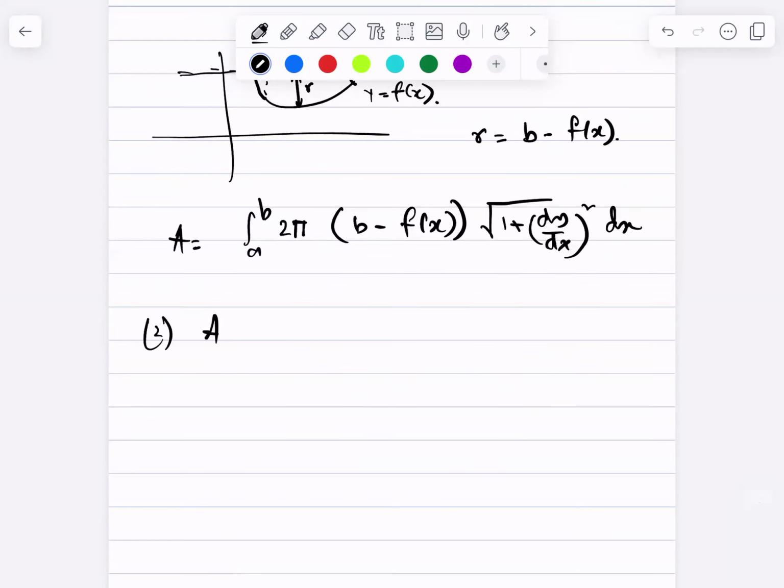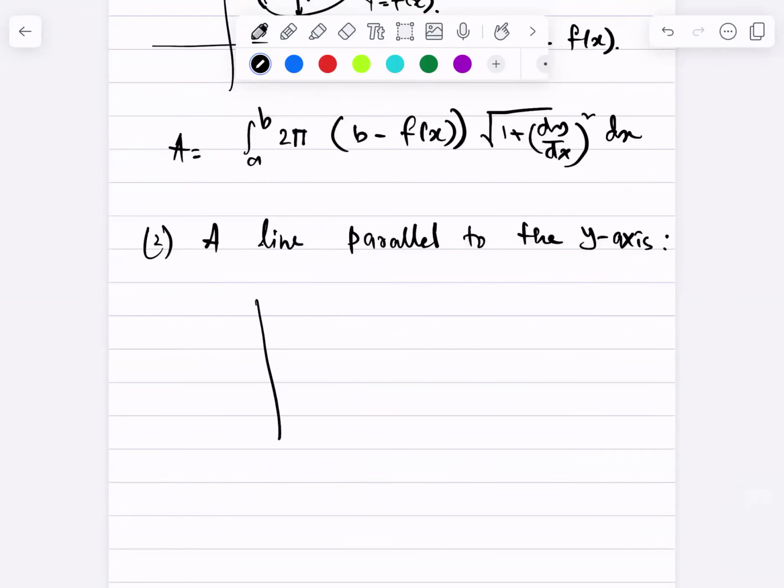And the second case is not difficult to guess: if I rotate around a line parallel to the y-axis. Say, for example, I have f(x) as this, and the line parallel to the y-axis is just x equal to d.